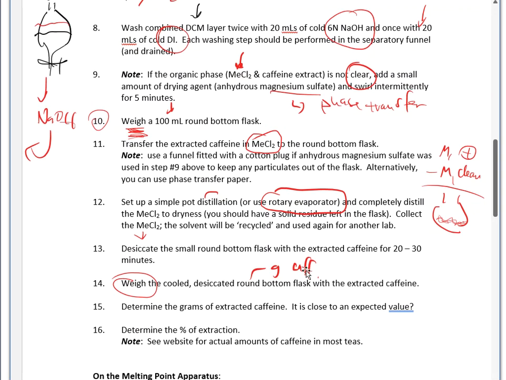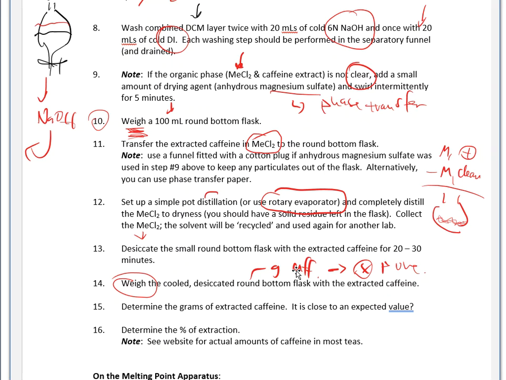So this gram here is a crude gram of caffeine, and we are going into this with the assumption that this is not pure, and that's okay, because that is the purpose of the UV-Vis instrument that we're going to be running with our sample. So after we weigh it, we cool it, then weigh it, and then we'll get the grams of caffeine that I have in my container.